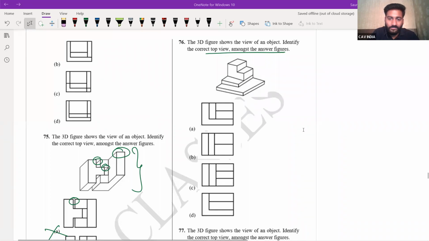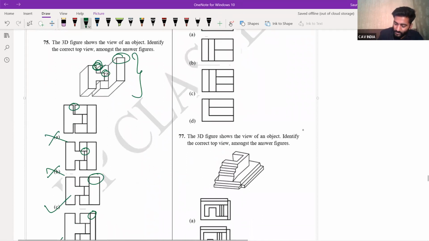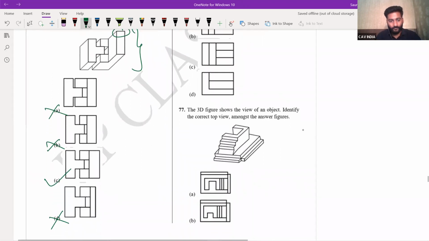Yes. Okay. See, that's why I'm highlighting all these points, like why we discussed this particular gap here and here. These are the kind of differences you need to observe. Let's say you look at option C and option D. They are kind of similar because of this gap, or the overall layout. But then you need to look at the width of this part.